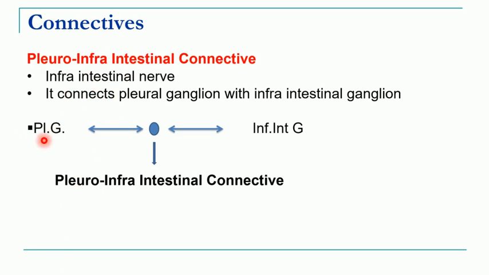So when a pleural ganglion is connected with an infraintestinal ganglion, these two are dissimilar ganglia, so that connection will be a connective and it will be named the pleuro-infraintestinal connective, since the pleural ganglion is situated above the infraintestinal ganglion.